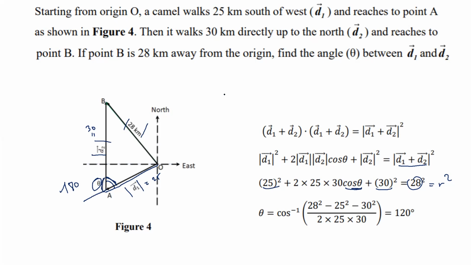I could have solved it by saying that if I call this one A, this side B, and this side C, so let's assume that I want this side here.